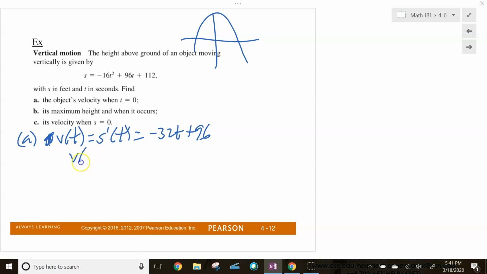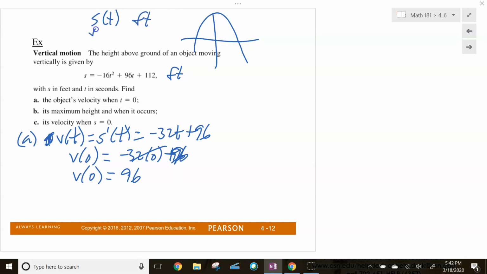And so what would the velocity be when time is 0? So velocity at time 0, that's a plus 96, and that's gone. 96. Of course, position is in feet, and velocity would be feet per second, right?